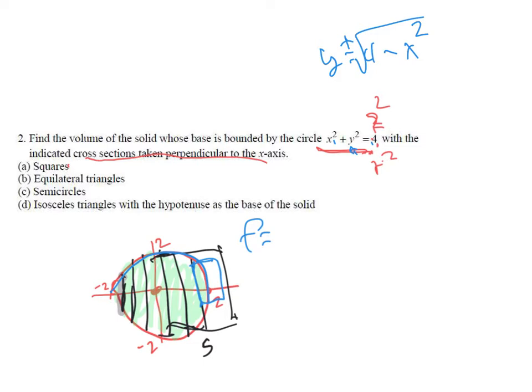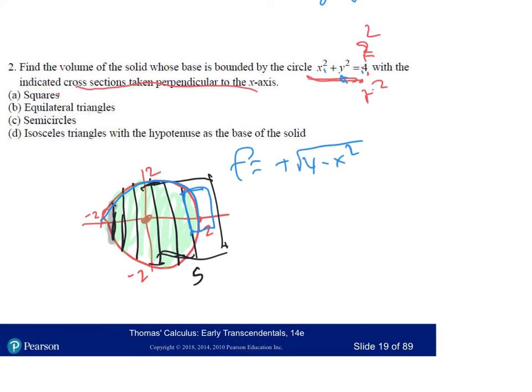That's f, okay? F is the positive square root of 4 minus x squared. That means the bottom piece down here, called g, will be the negative of the square root of 4 minus x squared. That's how you graph a circle with your calculator. You do the top, you do the bottom, okay?